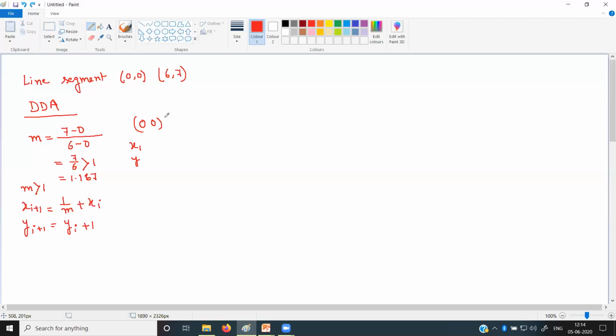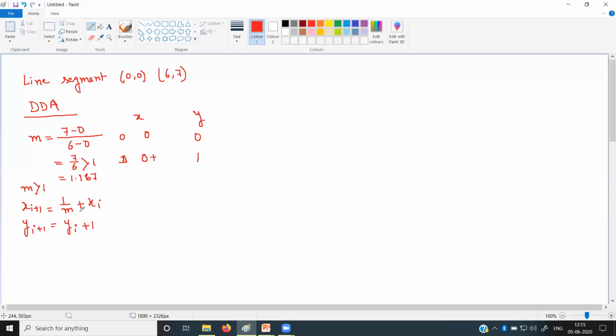Write it in the tabular format, then it will be better for you. So this is x, this is our y, this is the 0th iteration, the value is 0, 0. In the first iteration, the y value will be 1 and the x value will be 0 plus 1 by m.